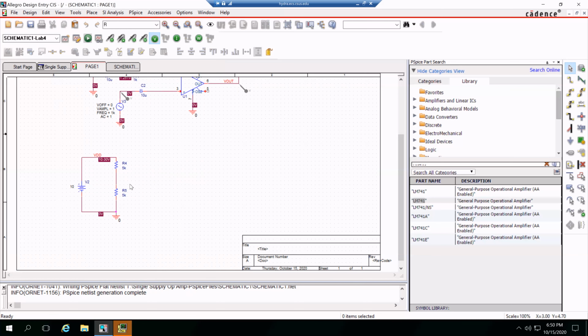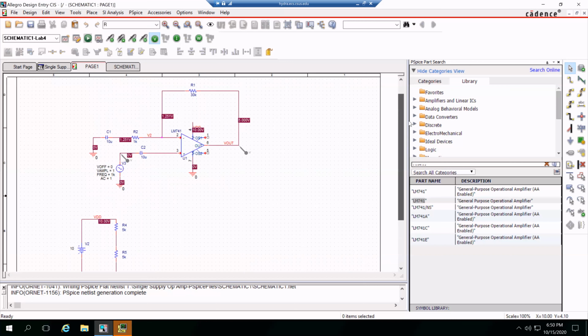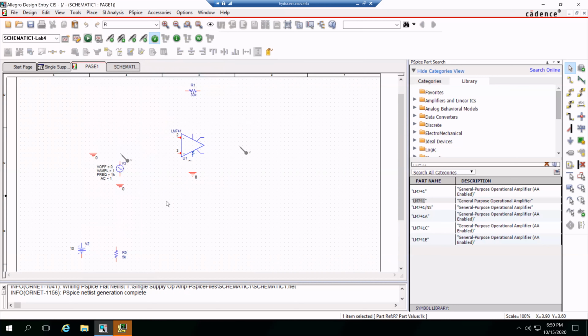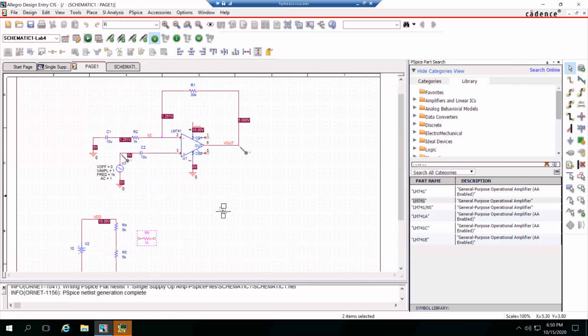So, okay. I'm going to come back in here, do a place, PSpice component, resistor. Where's this guy up?